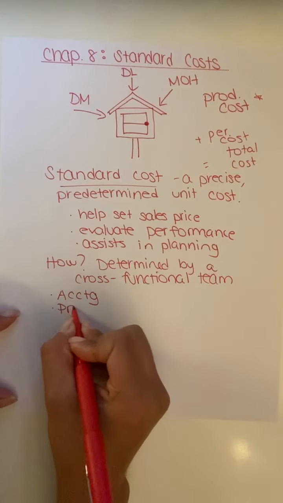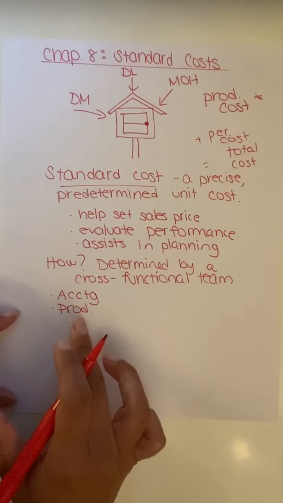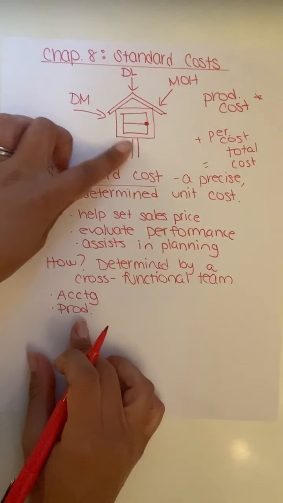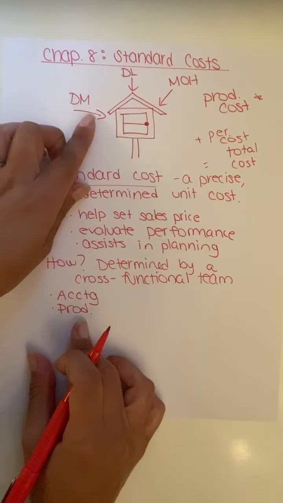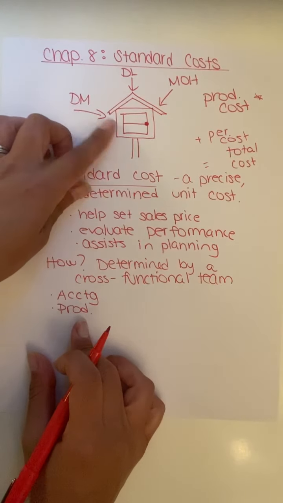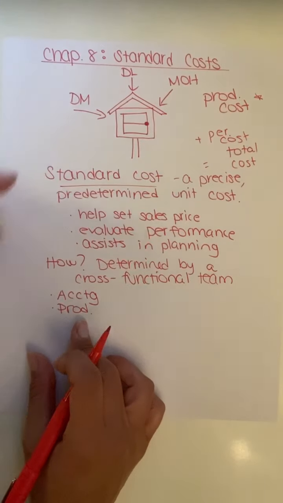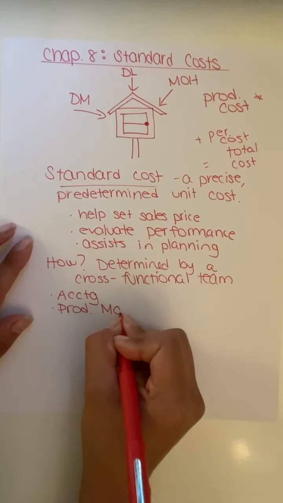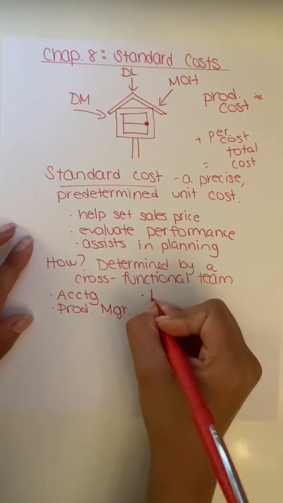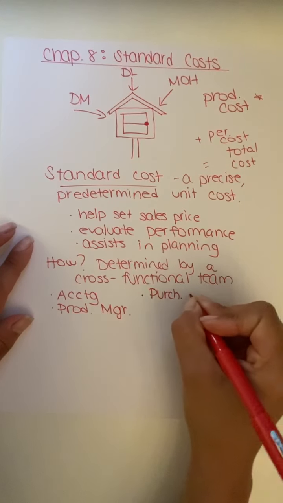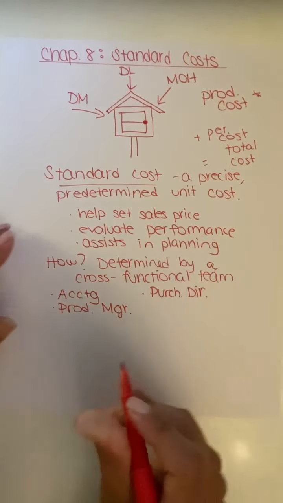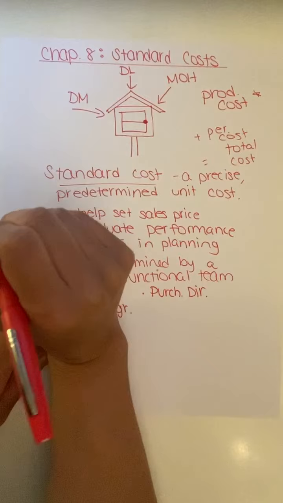It should include the production manager or production department because they know exactly how much materials goes into one product, right? How many boards of wood, how many nails, how many screws, how many shingles, because they are making it, right? So your production manager should definitely be involved. In a large company, also your purchasing director. They're the ones that are buying the materials, right?